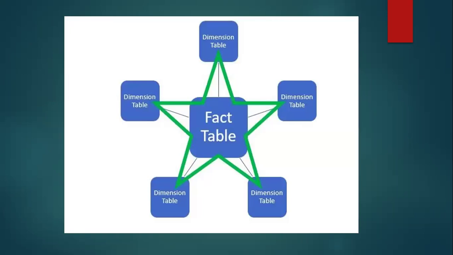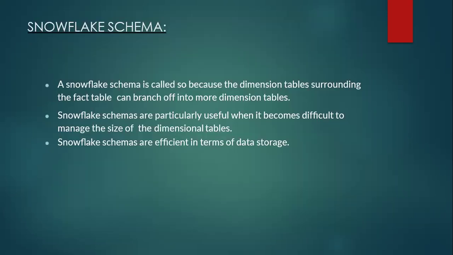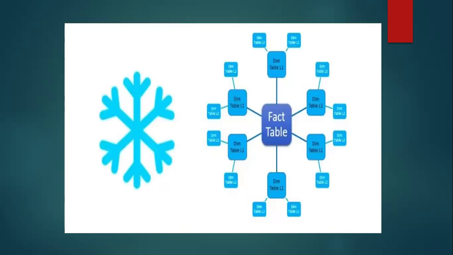This type of schema design is helpful in fetching the data easily because it needs only one join to extract the data. Snowflake schema has the advantage that if we have large data, we can store it using this design, in which there is one fact table connected to multiple dimension tables, and those dimension tables further branch off into other dimension tables.